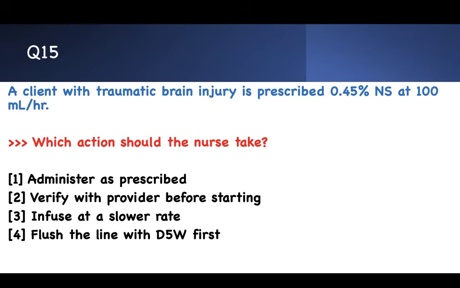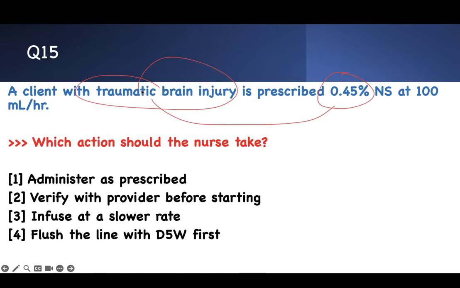What do you think is the buzzword for this question? Write it down. It's 0.45%. 0.45% is the buzzword plus what? Brain injury. Look at these two buzzwords. Do they agree?